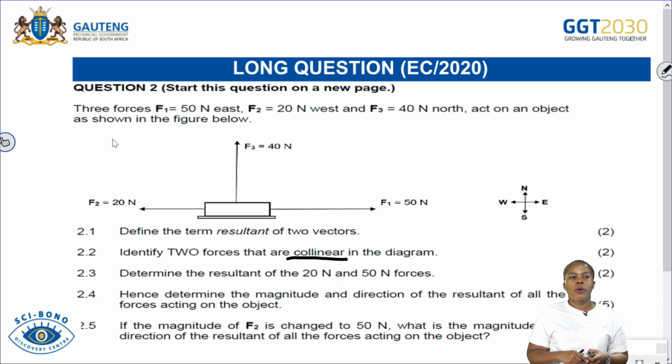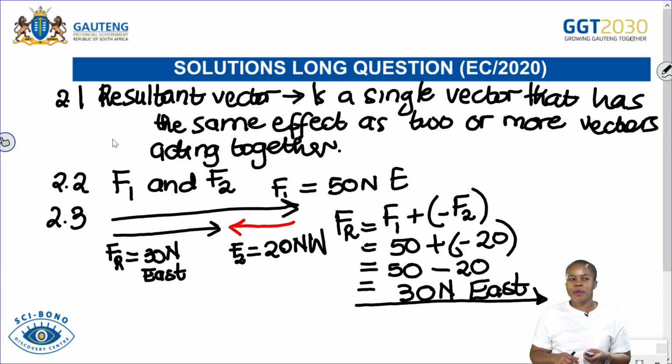Now we have the third one, F3, which is 40 newtons acting to the north. To find the magnitude and direction of the resultant, we have to use the Pythagoras theorem.